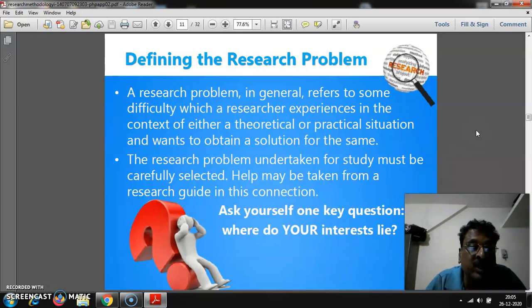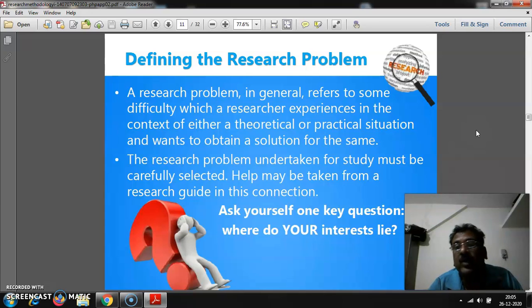At that time, you can take help from the concerned research guide, your peer team, your subordinates or your superior, anywhere. In the context of either a theoretical or practical situation, you have to obtain the solution for the same. If there is a problem, there must be a solution; if there is a solution, there may be a problem.